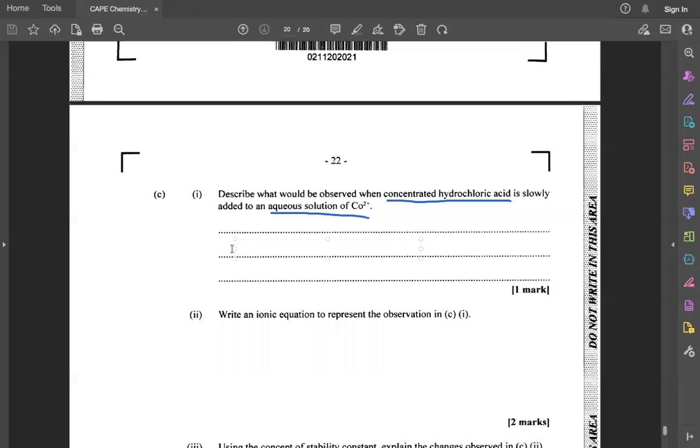And what we would visually see is a color change. We're going to see a color change from pink to blue, right? From pink to blue. So that's all they want us to say for that part for 1 mark. That's what we will observe once we're gradually adding in that hydrochloric acid.